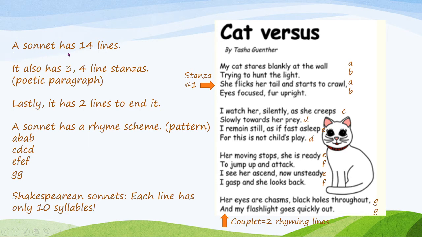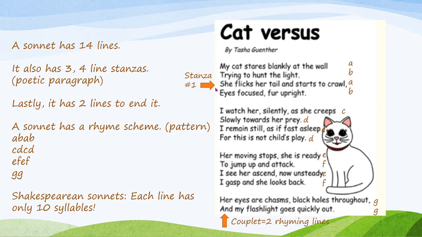A sonnet has 14 lines, and only 14 lines. So you can see right here, 4, 8, 12, 13, 14, only 14 lines. Now, it also has 3 4-line stanzas. Now, what is a stanza? If you look right here, it's a poetic paragraph.